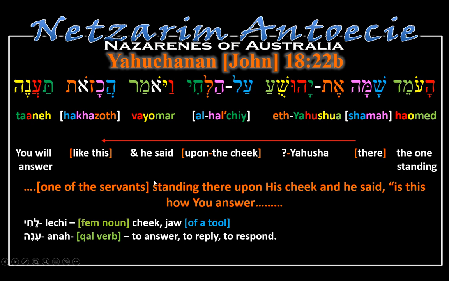Vayomar, and he said, again, because there's no pronoun, it's he, ha-kazot. Now the ha is a questioning hey, right? Meaning like this. So he's asking the question, like this. Ta'aneh. Now the tav tells us it's second person, which is you, and it also tells you an incomplete action. You will, or you shall.